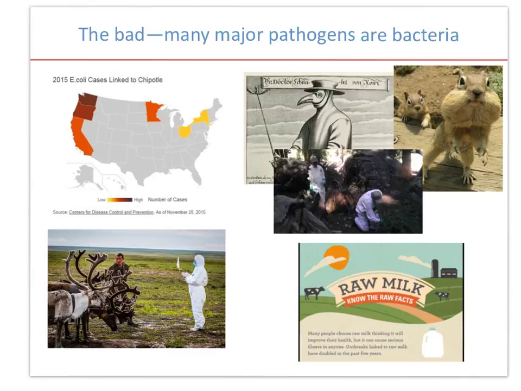Okay, so the ancestral state for humans, you guys now know what the ancestral state is. The ancestral state is lactose intolerance. That is, we do not break down the milk sugars after we've been weaned. And it's not because we don't have the enzyme.